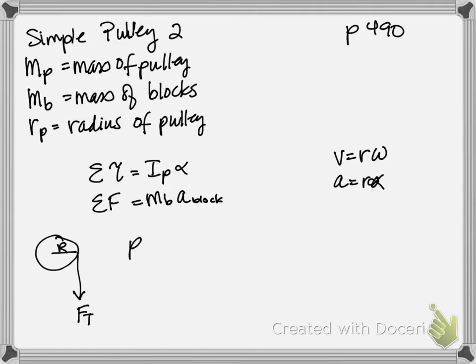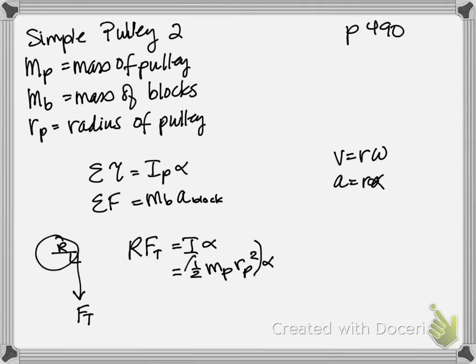So we have R times F_T times sine theta, but this is a right angle, so it's 1, so it's just R times F_T. That's equal to the moment of inertia of the pulley times alpha. Now for the pulley, the moment of inertia is 1/2 the mass of the pulley times the radius of the pulley squared. And then we've got our alpha there.